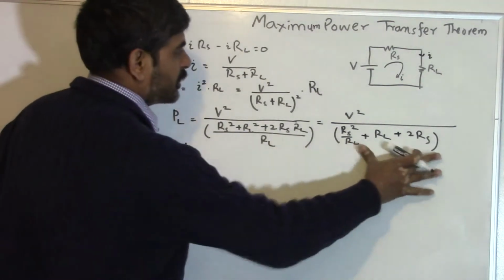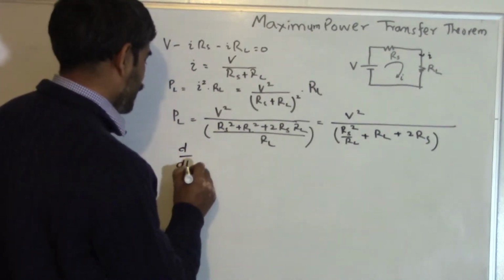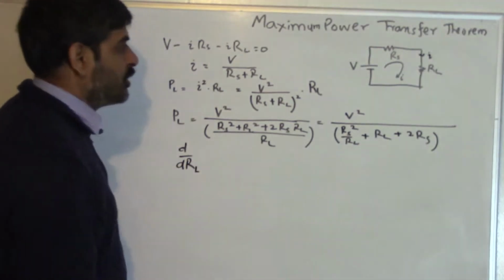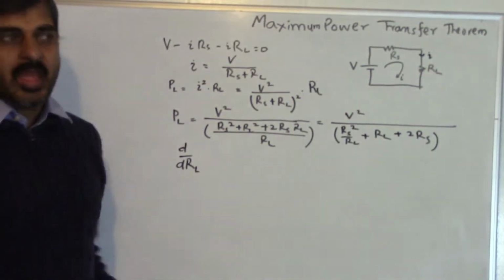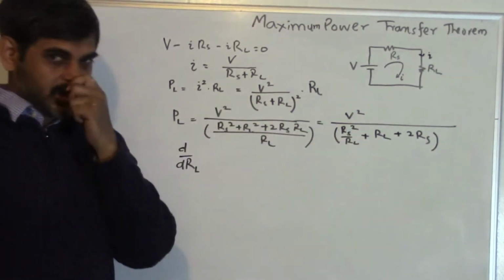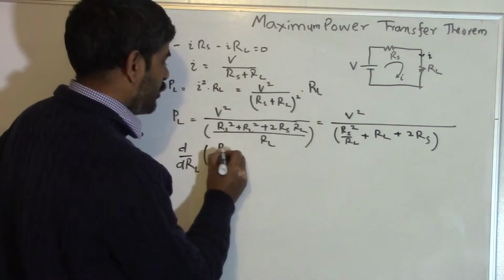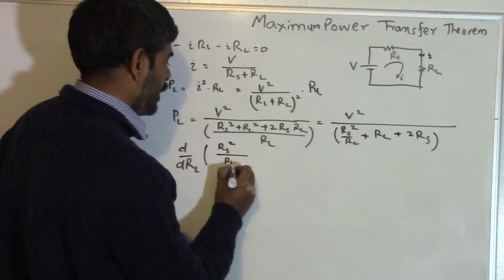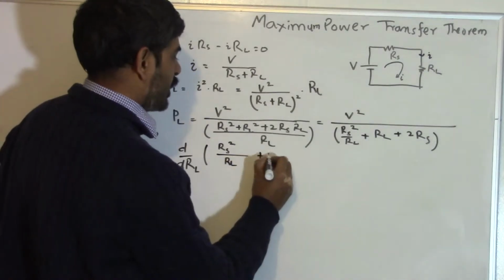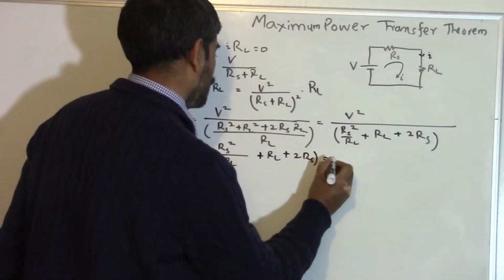The condition for it to be minimum is that its differentiation with respect to the variable, and we have kept RL as the variable that we are trying to vary, should be equal to 0. So d by dRL of RS squared divided by RL plus RL plus 2RS should be equal to 0.